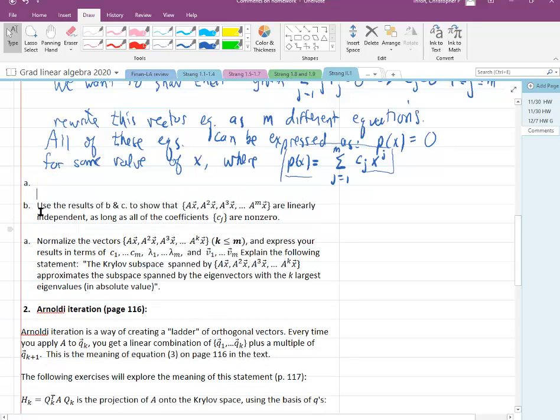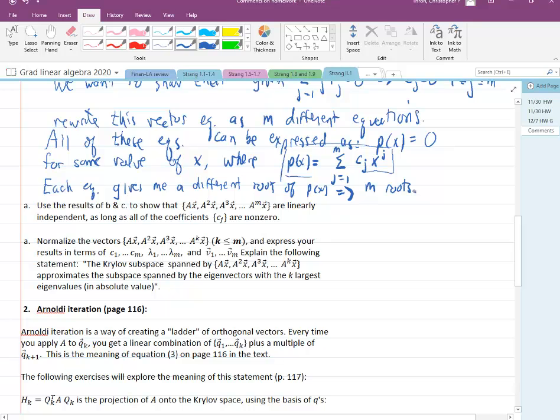So each equation gives me a different root of p of x. So that gives me m roots.